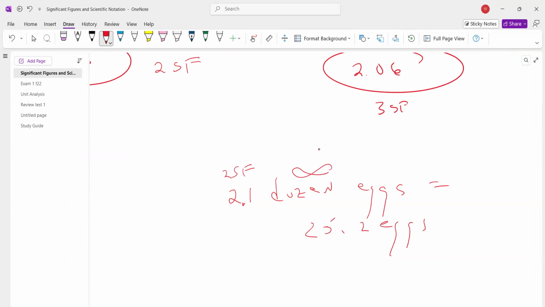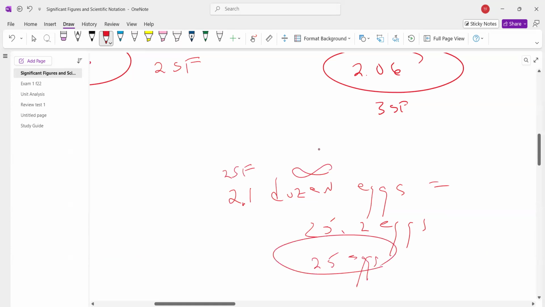So our answer is going to be how many eggs? We're going to have 25 eggs. And who cares about the 0.2, right? How many sig figs is 2.1? 2.